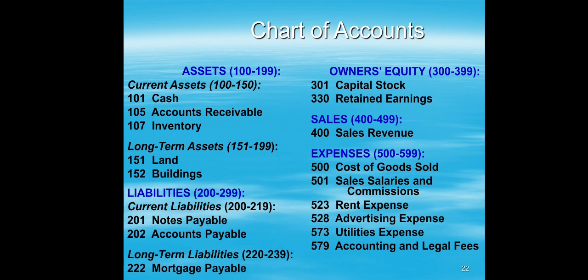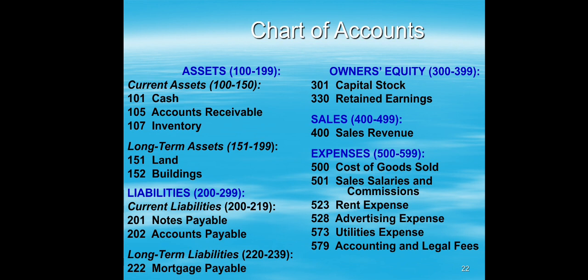For example, this is an example of a chart of accounts. So imagine the ledger is like a book. At the earlier pages of the book, there is a chart of accounts. The chart of accounts lists all the names of the accounts in the ledger book, with the code.